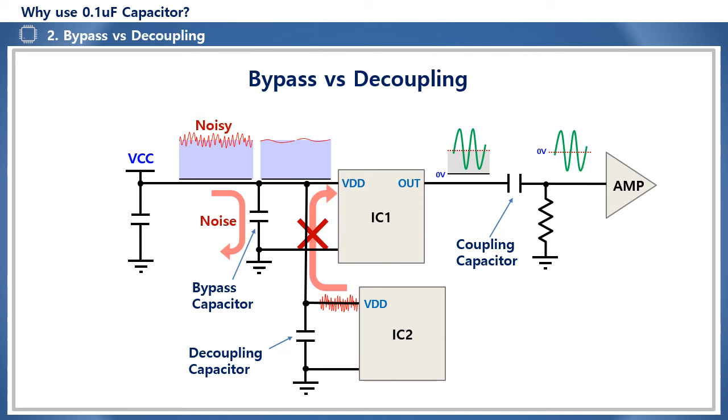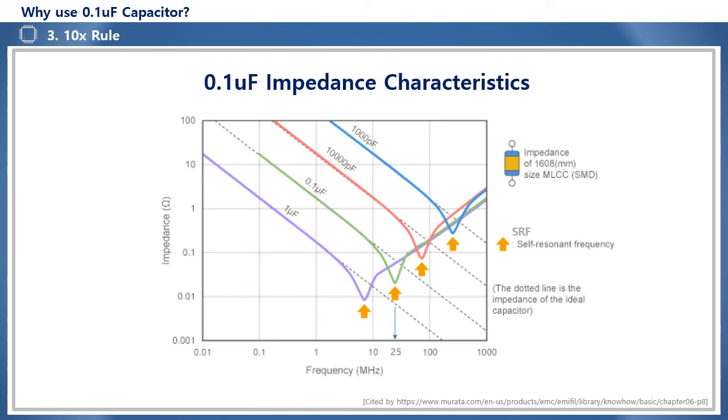Capacitors for bypass and decoupling purposes are often used interchangeably because their functions and effects are similar, and 0.1 microfarads are most commonly used in actual applications. This shows an impedance graph according to the capacity of Murata's 1608 MLCC.